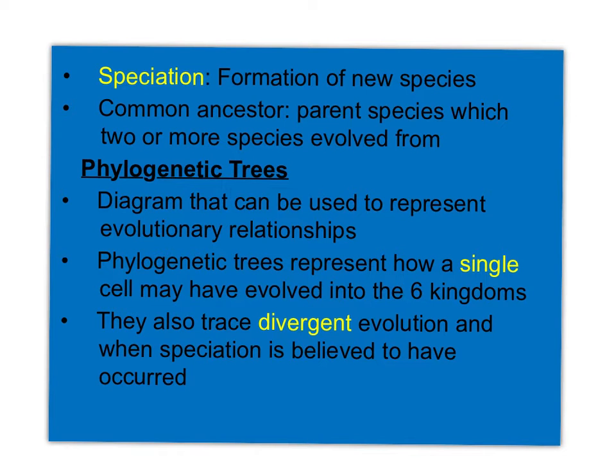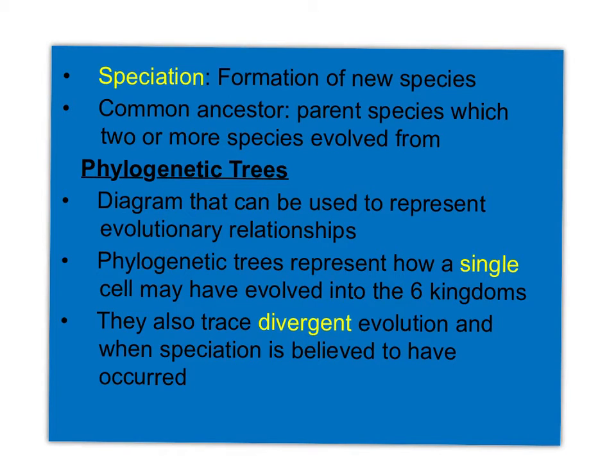So speciation, we've talked about several times now, is the formation of a new species. And a common ancestor, of course, is the parent species that two or many species evolve from. We've used both of those terms several times now. So one thing we're going to talk about now is phylogenetic trees. It's the same thing if you see it spelled a little differently.